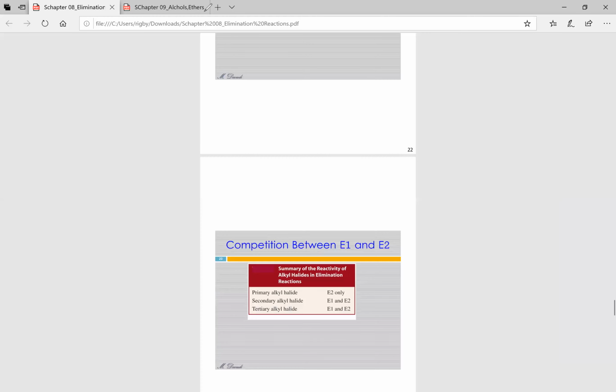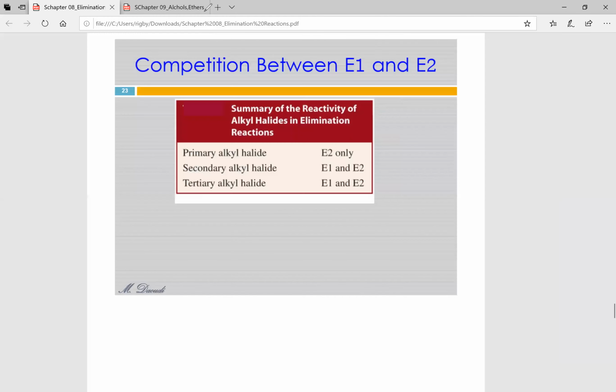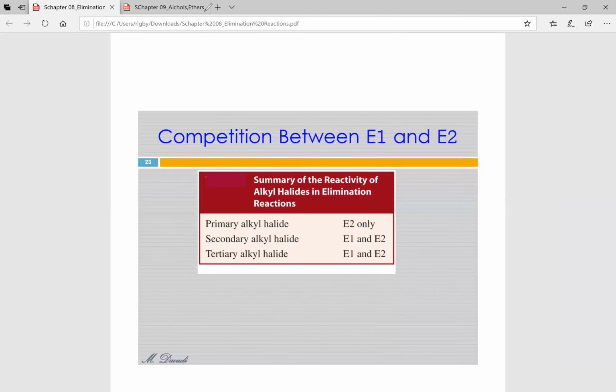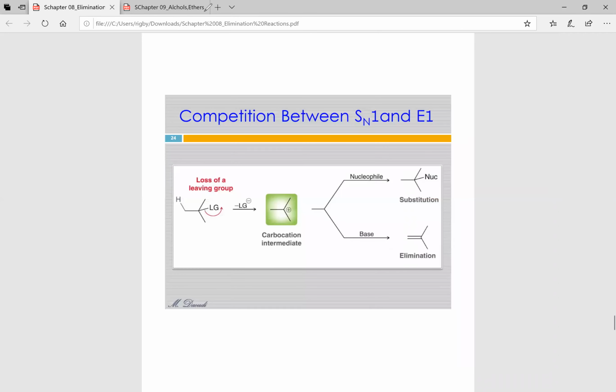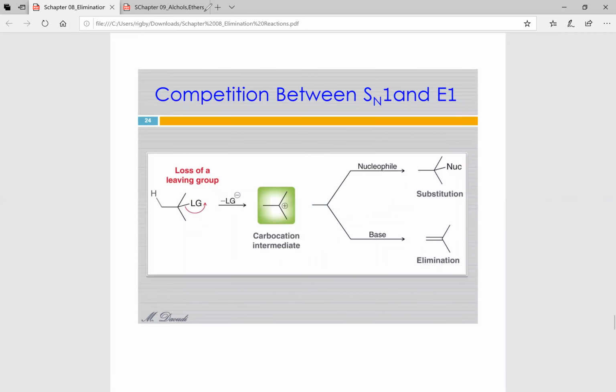Okay. So when we're talking about competition between E1 and E2, generally E2 is going to react with a primary alkyl halide. E1 can react with either secondary or tertiary, and E1 is going to prefer a weaker base, a weaker nucleophile. Okay, and then again, this is just reiterating what I said before.